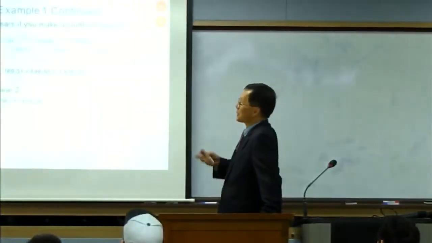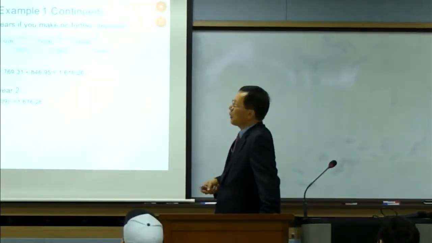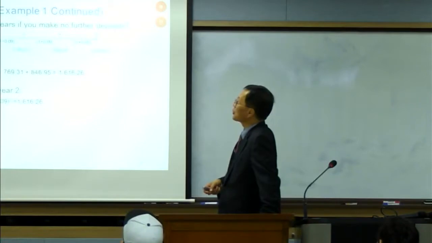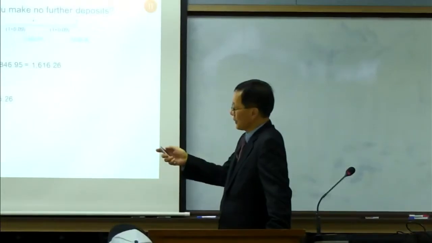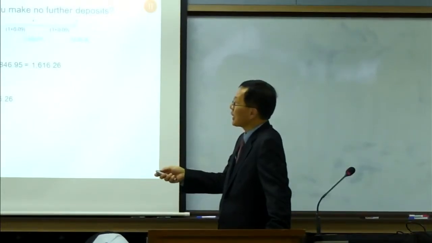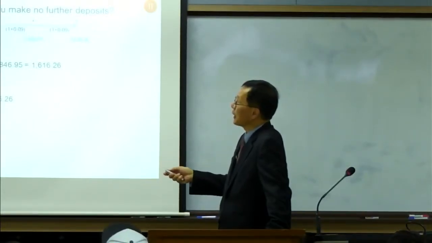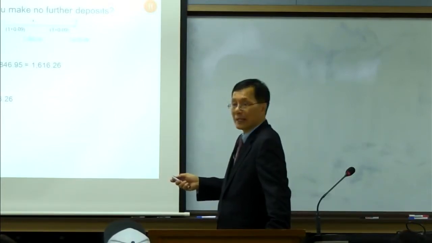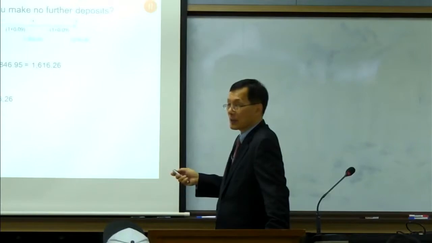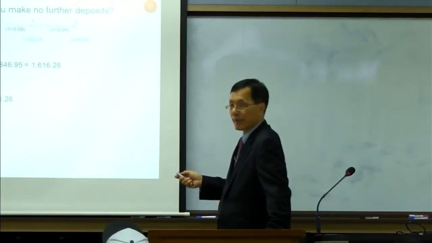Continuing the same problem, how much will you have in 5 years if you make no further deposits? In other words, as of time 0, you put 500. And at time 1, you put 600. And then you don't add any further deposits into your account, into your fund.